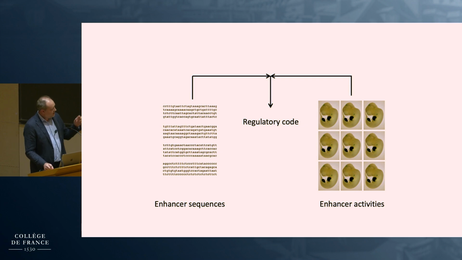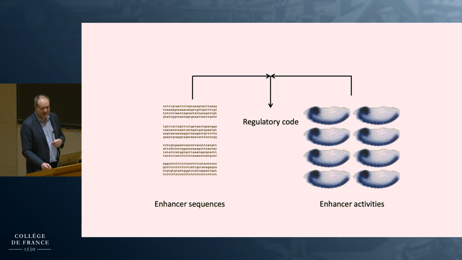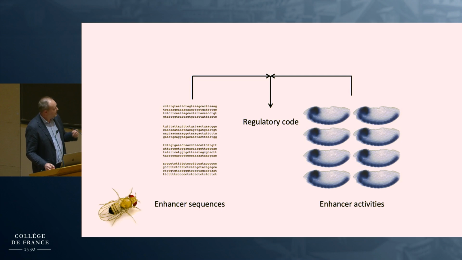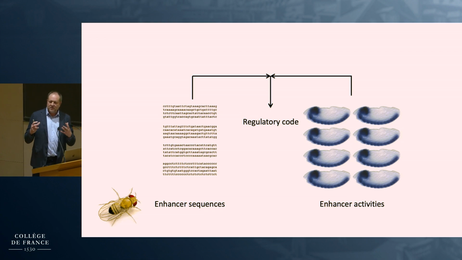And for this, we didn't work with mice, but for, I guess, ethical and financial reasons, switched to my favorite model organism, the Drosophila fruit fly, and in particular to Drosophila fruit fly embryos. And the vision was to characterize as many enhancer sequences as possible.